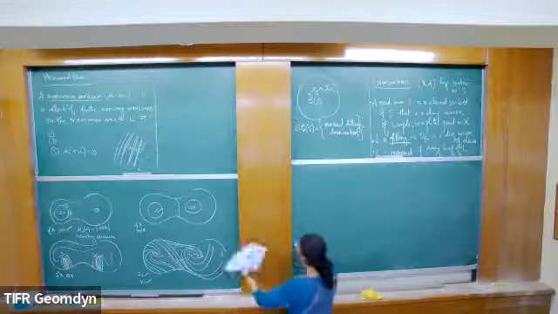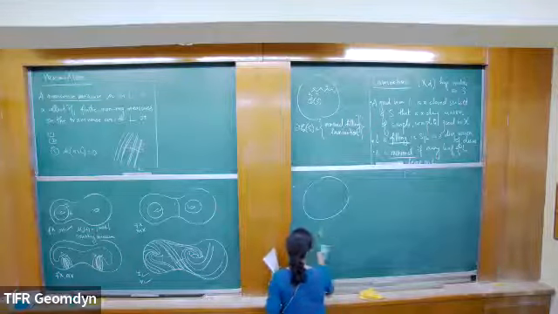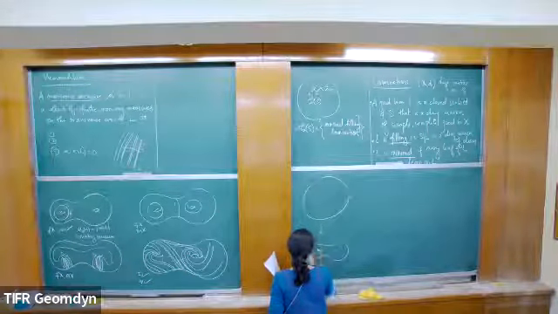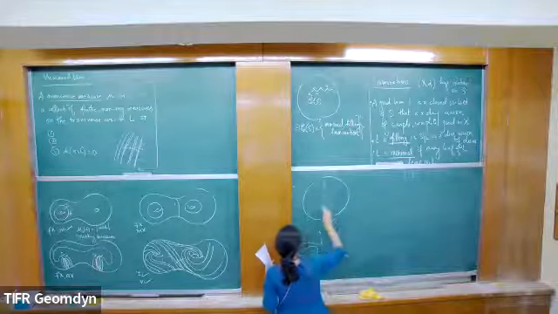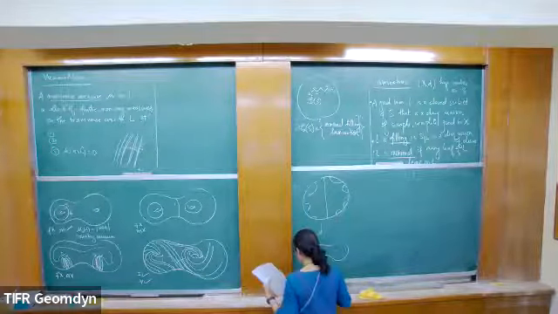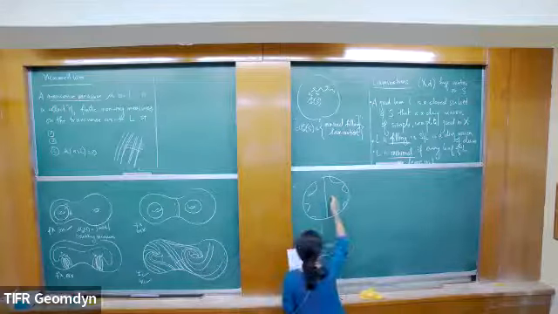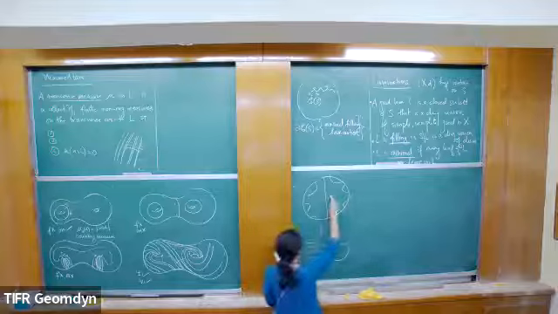So another way to view these is, let's say this is A, and I get some lifts of A, and then I have my transverse arc alpha, or alpha tilde, I should say.